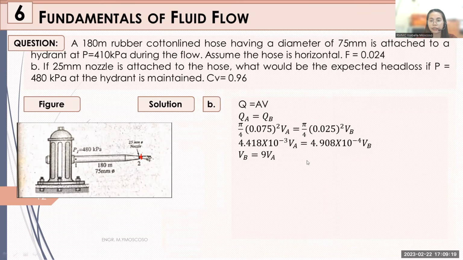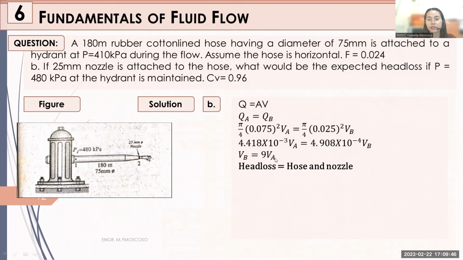So, simplifying that, kung gusto natin in terms of VB, that would be equal to 9 VA. Anong gagawin ninyo? You will just divide both sides by this value. So, 4.418 times 10 raised to negative 3 divided by 4.908 times 10 raised to negative 4, and you will be having this value. Okay, algebra lang.